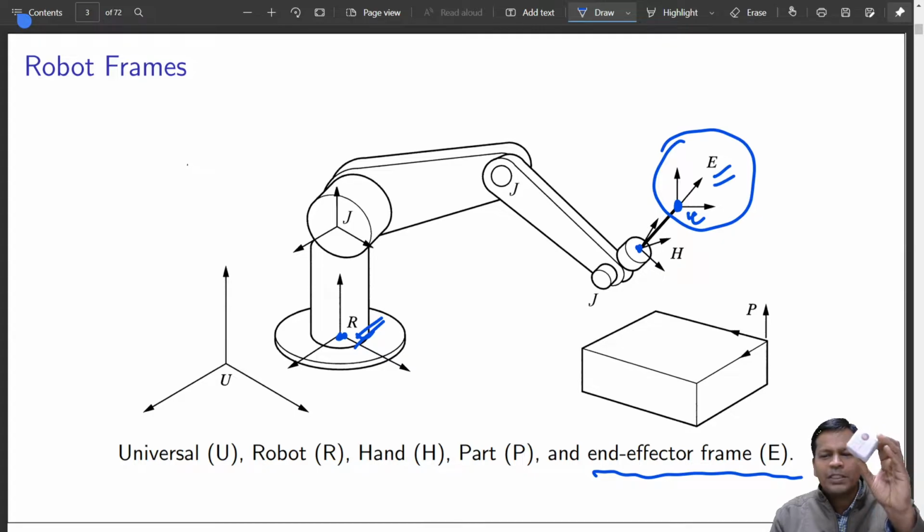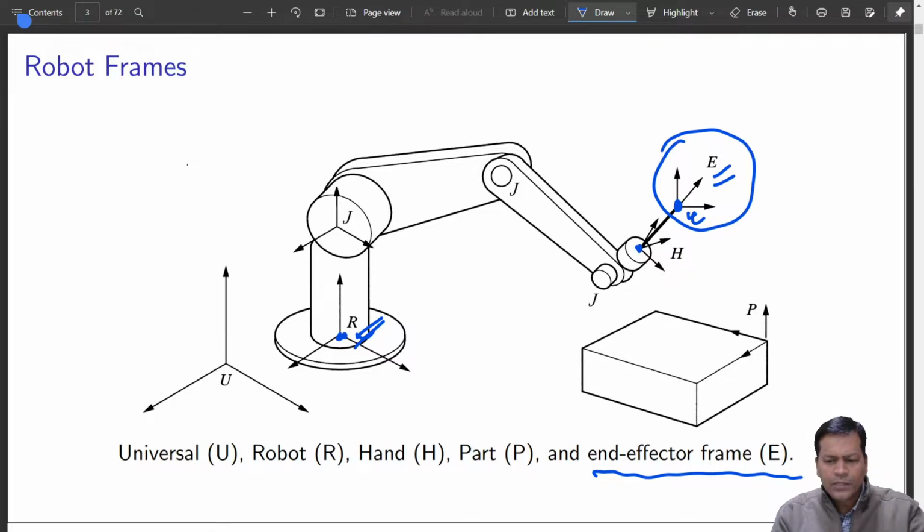In order to represent that thoroughly, you need to have a frame which is attached to this. So it has its own x-axis, y-axis, and z-axis, so that you can represent that frame's orientation as well as location with respect to the base frame.